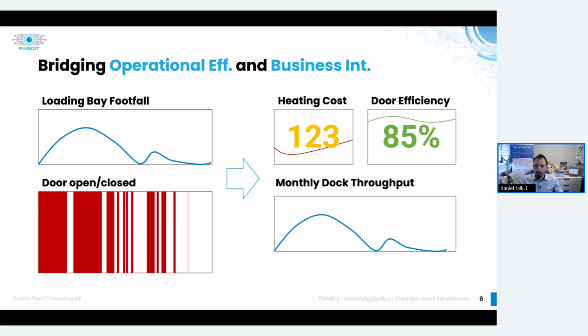And again, this is from a totally different silo, but you can still combine it in the same dashboard to create more value by combining things that make sense together. And then we might take these two metrics that we have on the left side and use them to calculate a door efficiency metric over a month. So what percentage of the time that the door was open was there actually someone walking through it?